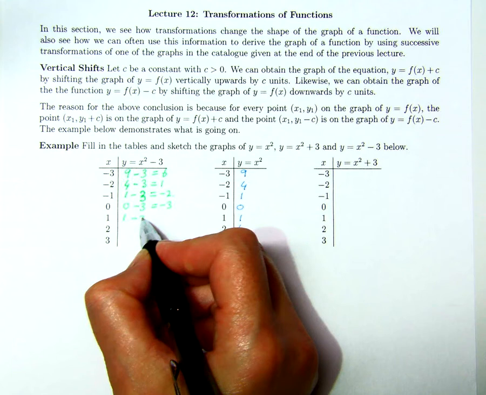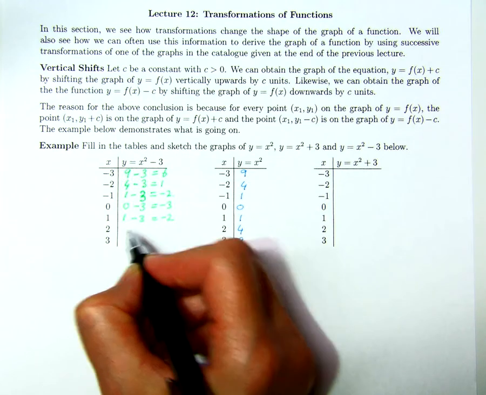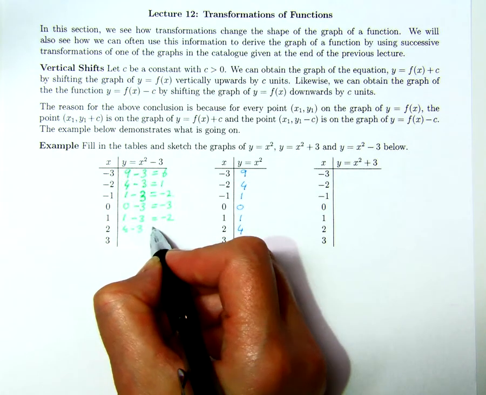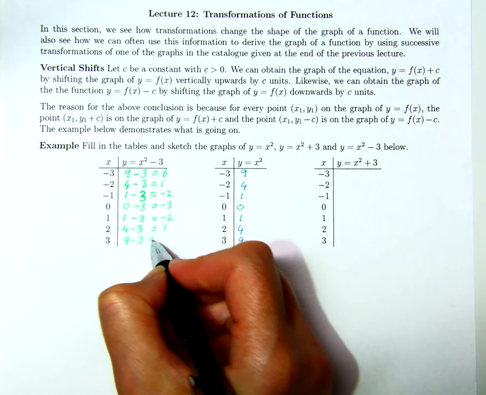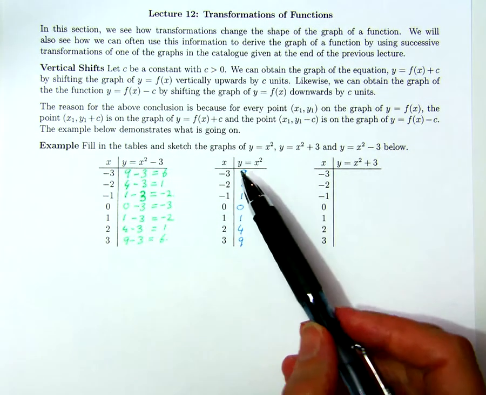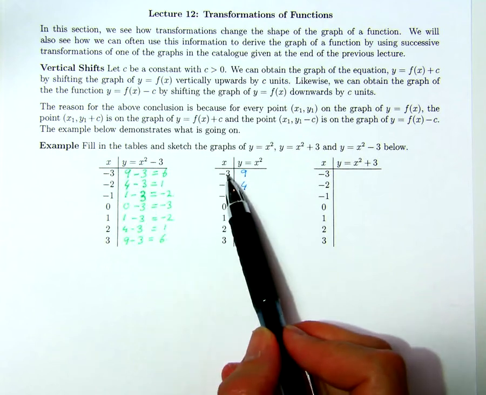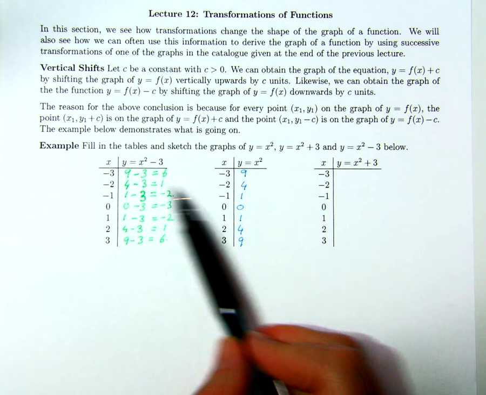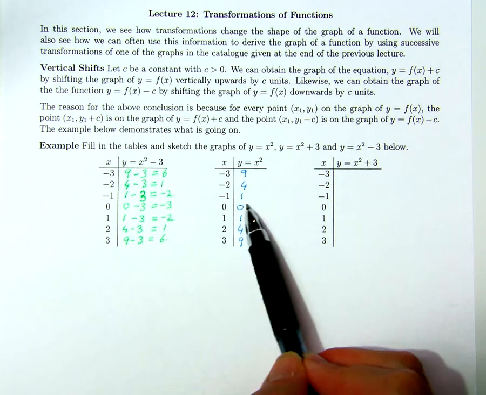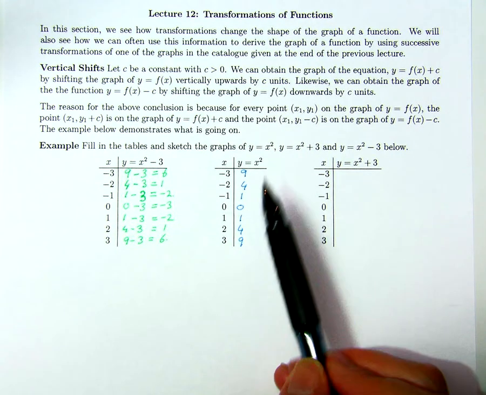When x is 1, I get minus 2. When x is 2, I get 1. And when x is 3, I get 6. And for every x value here, the corresponding y value on this graph is exactly 3 points below the corresponding y value on this graph.